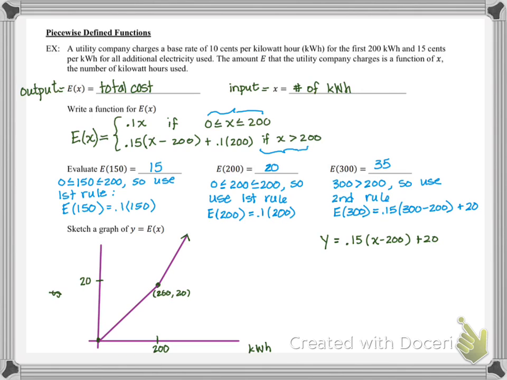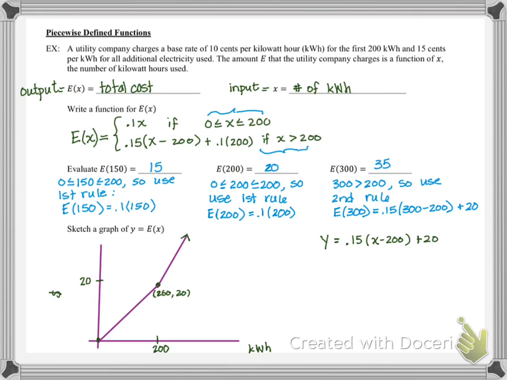So I graphed two separate lines. But instead of graphing them like I normally would, where I extend them both as far as I can and put arrows on the end, one of them I only graph between x values of 0 and 200, and the other one I graphed for all the x values to the right of 200.